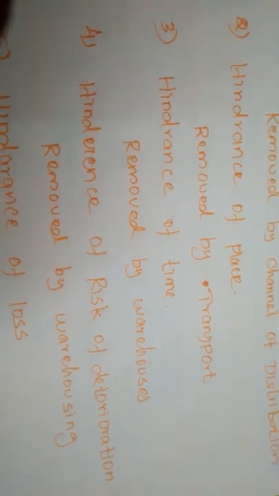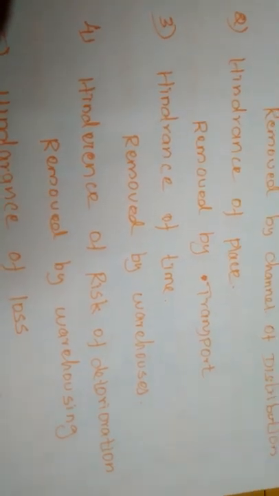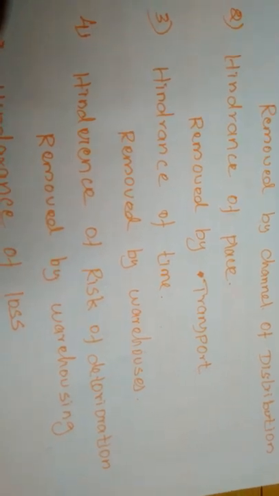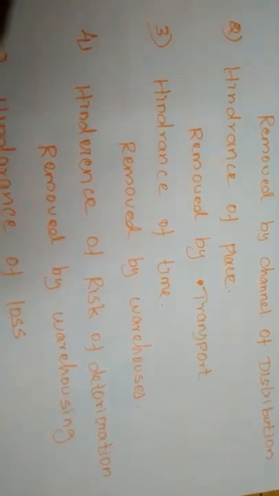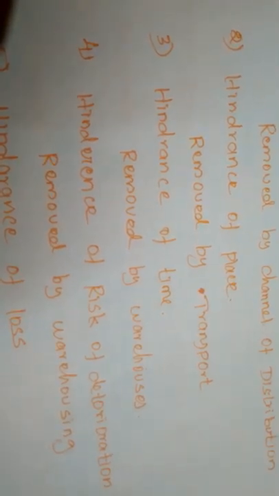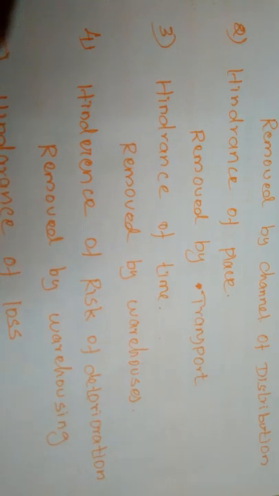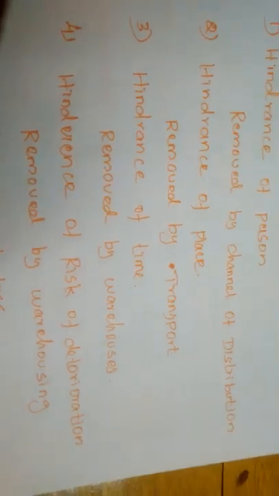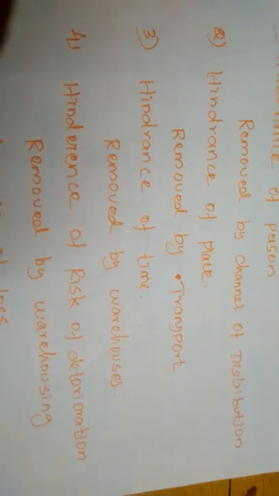So what area do we have to select? We can't protect all the commodities in one separate area, in all the areas. According to the product or items, we need different types of places according to the features of the product. So we need warehouses.